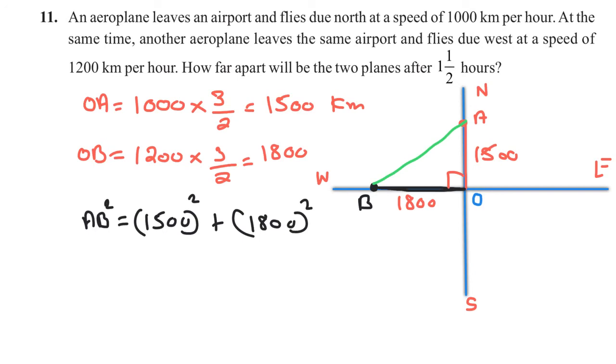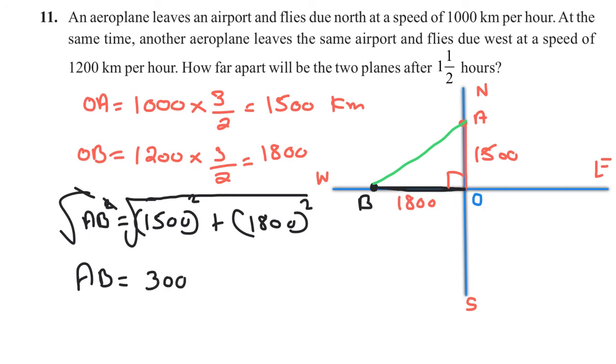If you do the calculation and take the square root on both sides, AB is going to be 300 square root 61 kilometers. So the distance between the two planes after 1.5 hours is 300 square root 61 kilometers. That is how you apply Pythagoras theorem.